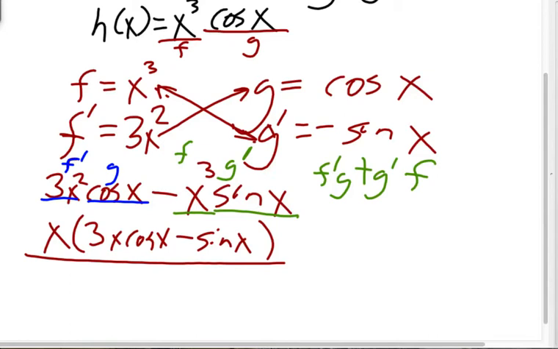All right, let's take a look at one which is slightly more complicated. It looks really nasty, and I'm going to work this one two different ways. So my function, let's call it j of x, is going to equal sine of x over x squared.